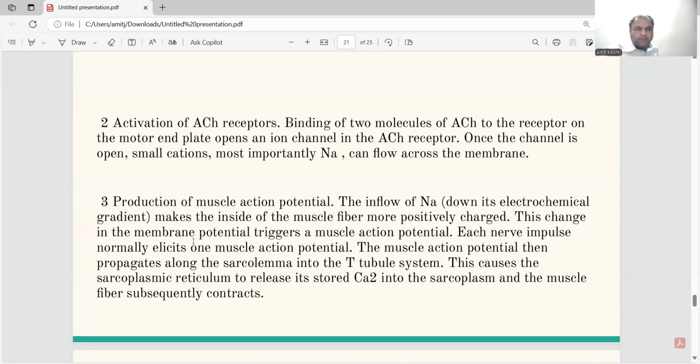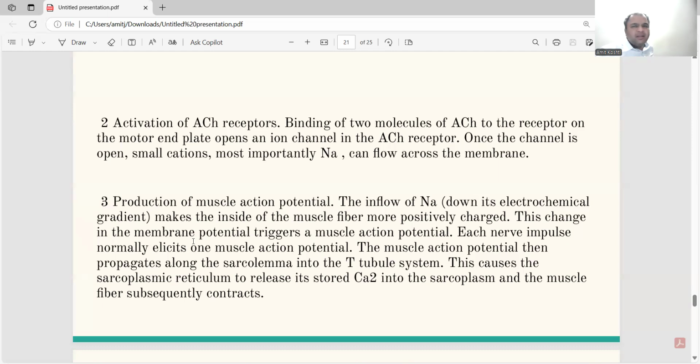This change in the membrane potential triggers a muscle action potential. Each nerve impulse normally elicits one muscle action potential. The muscle action potential then propagates along the sarcolemma and through the T-tubule system, and this causes the sarcoplasmic reticulum to release its stored calcium ions into the sarcoplasm.